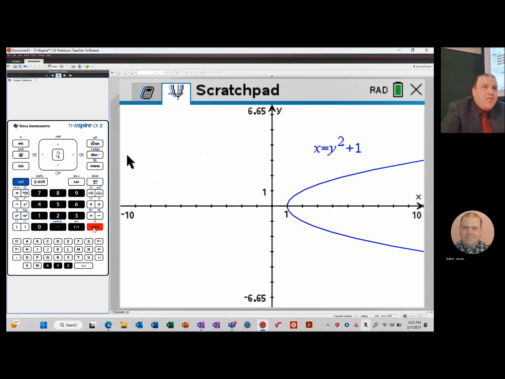It is a parabola. But it's a parabola along the x-axis instead of the y-axis. And if you did the other method I was talking about, it'd look just like this, except it'd start here and open upwards, right? So you just have to remember to rotate it 90 degrees.